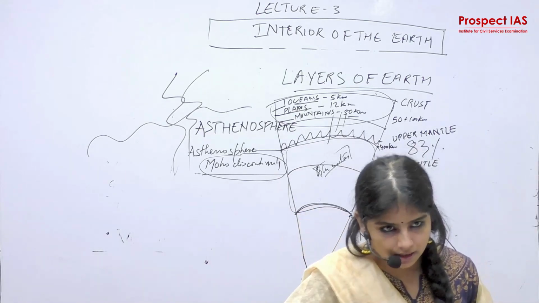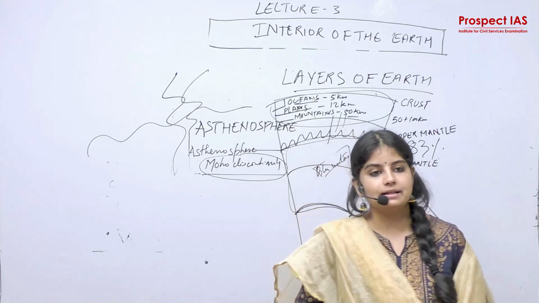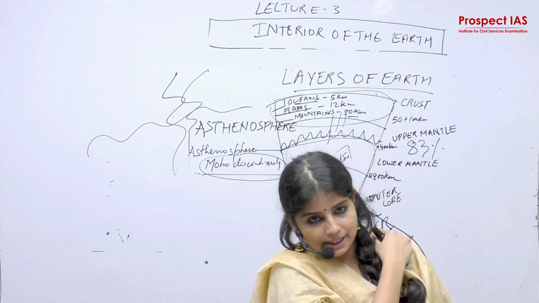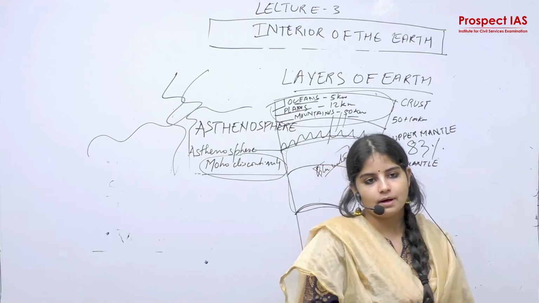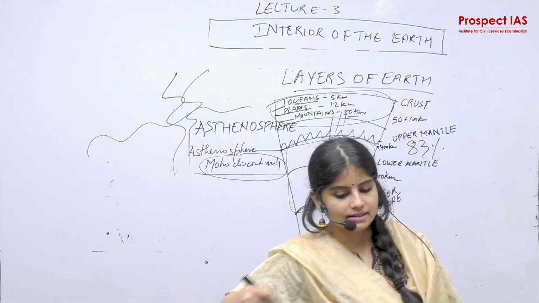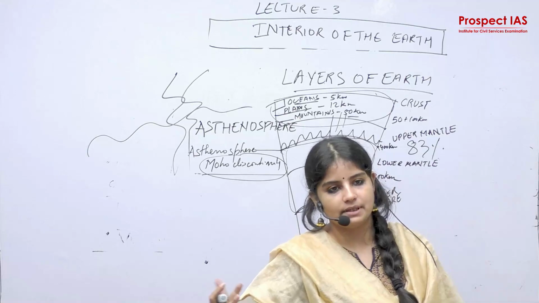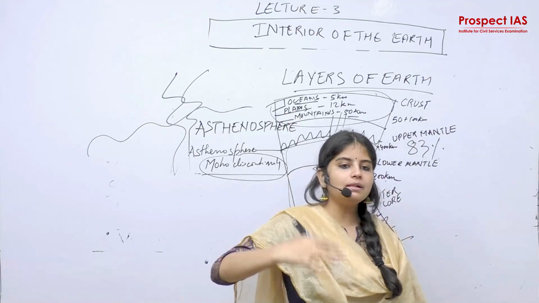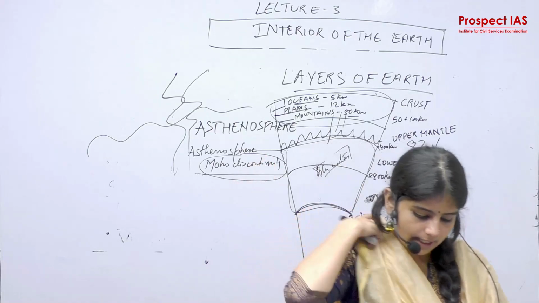Moho discontinuity is between crust and mantle layer, which means the stop or standstill of continuation. The mechanism stops somewhere and some other mechanisms start happening. So Moho discontinuity is a division between crust and mantle, which states all the intrusive actions from beneath the Earth's surface.